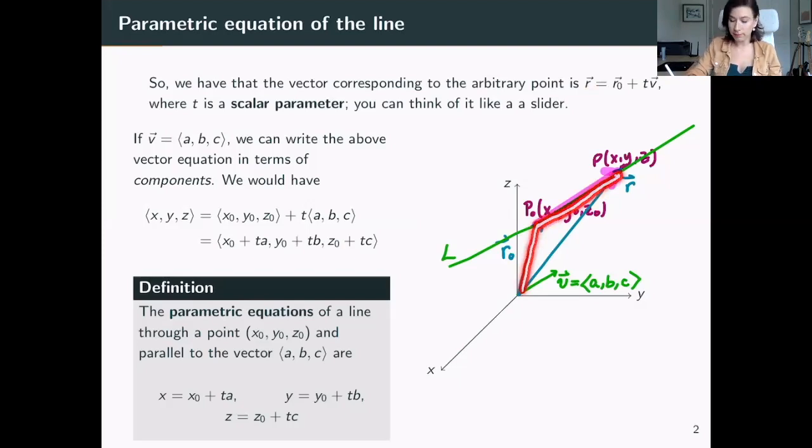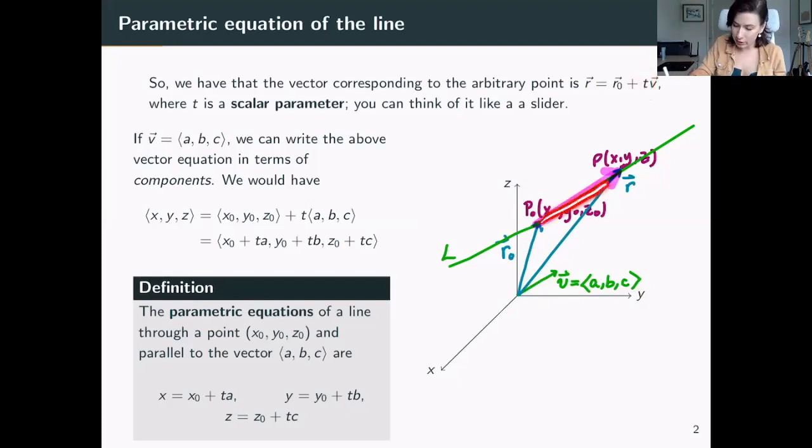Remember that we defined v as the position vector in the same direction as our line. So I know that this vector is parallel to this vector v. However, it has a slightly different magnitude. The magnitude is altered by a scalar, and we're going to call that scalar t.